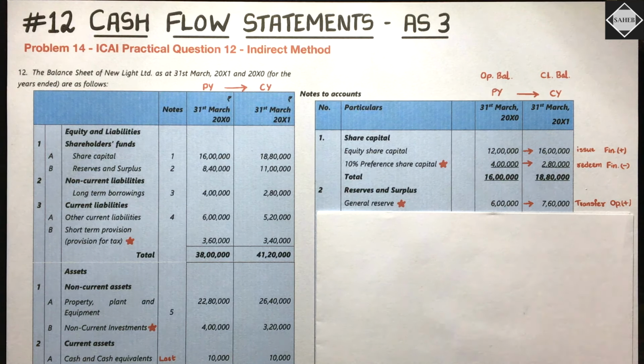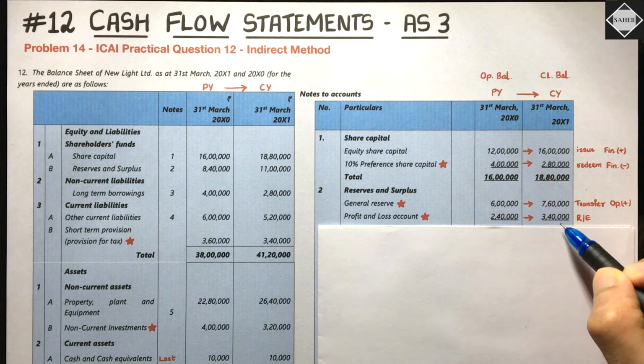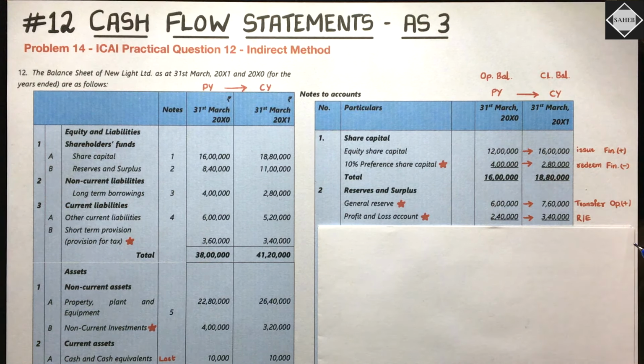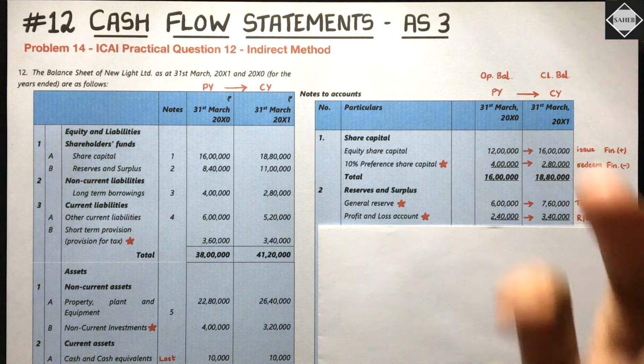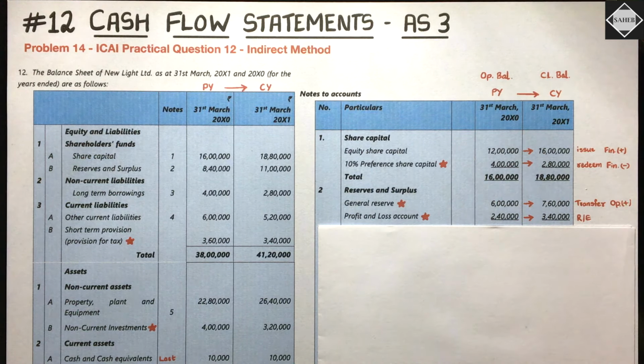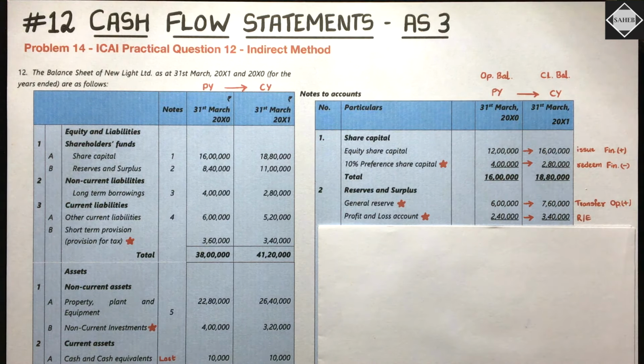Okay, fine. Understood. Next we have profit and loss account balance. Opening balance is 2,40,000, closing balance is 3,40,000. With this, what do we calculate? The retained profit, profit after all adjustments, isn't it? If we don't have net profit before tax or net profit after tax, then we have no choice but to calculate retained profit and start our indirect method journey from there.